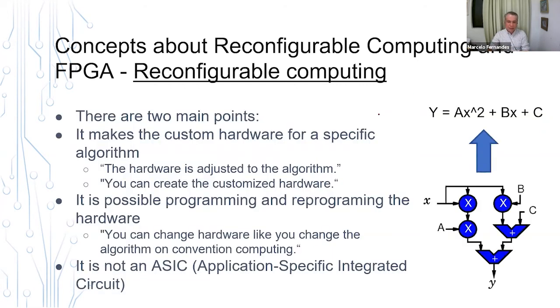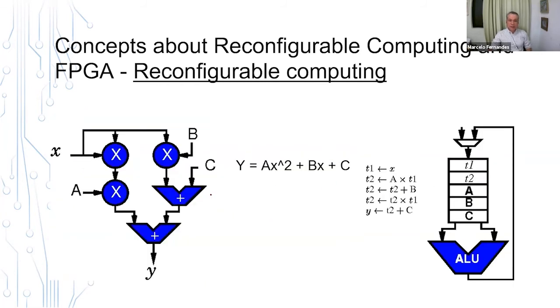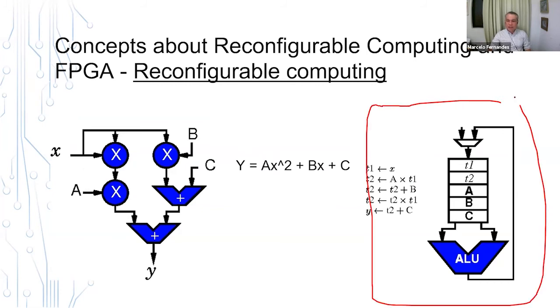Can I show you here? This is the conventional idea: you have some algorithm and you need to transform it into another language because your processor is a serial, sequential processor.